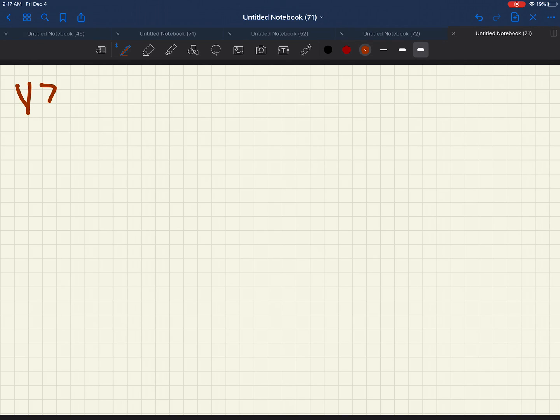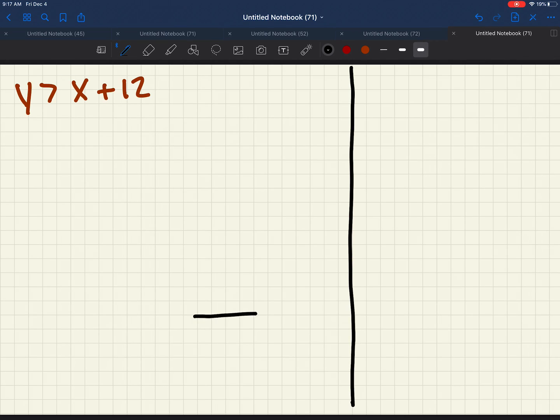Alright, first one we're going to look at is y is greater than x plus 12. Okay, so remember when we graph using slope-intercept form, the first point we always put on is our y-intercept.